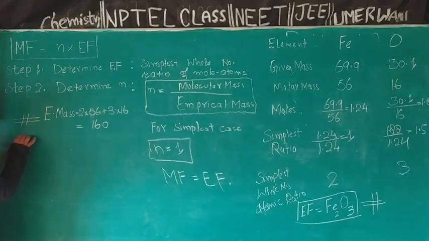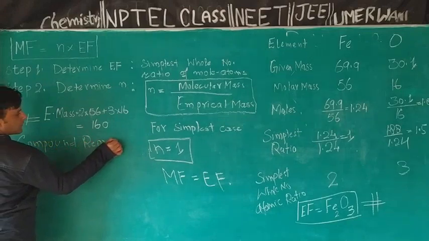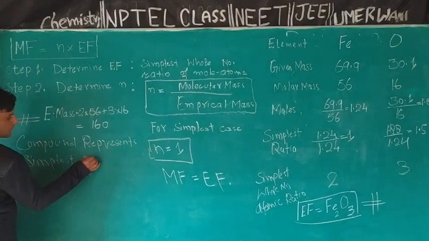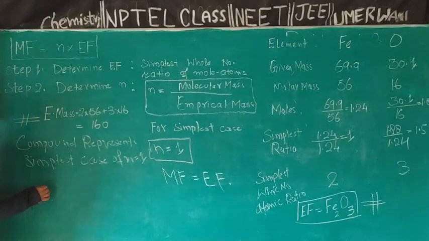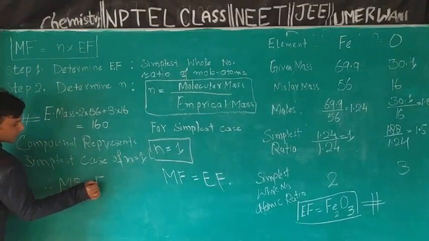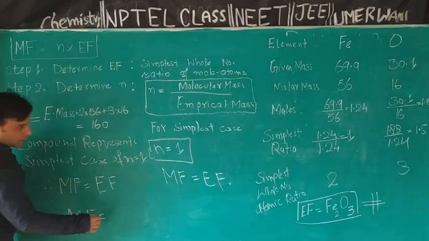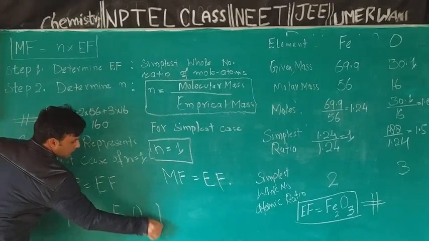So I will write that the compound represents the simplest case of n equal to 1. Therefore its molecular formula will be same as the empirical formula, and molecular formula will again be equal to Fe2O3. This is its answer.